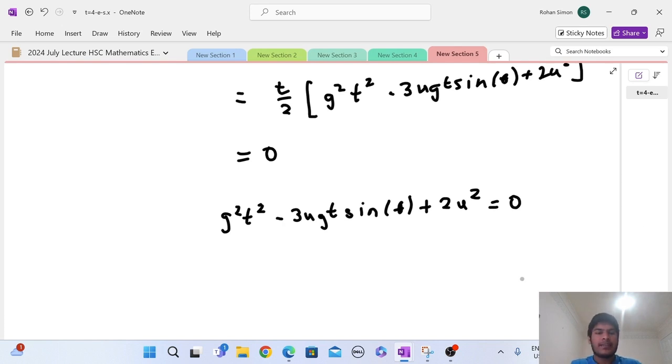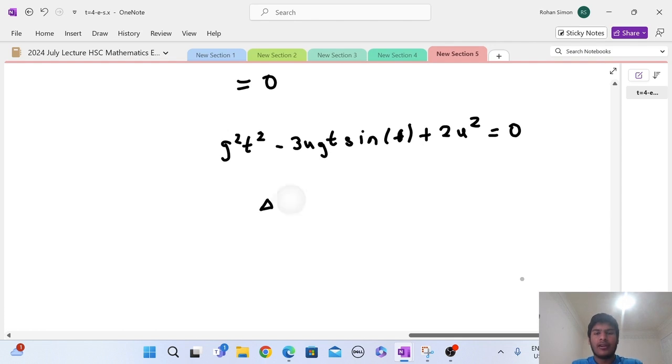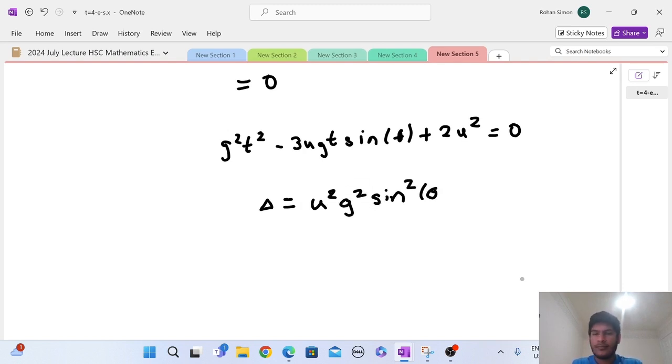So the discriminant in this case, after you do a bit of cleaning up, is actually u squared g squared times 9 sine squared theta minus g, has to be greater than 0.